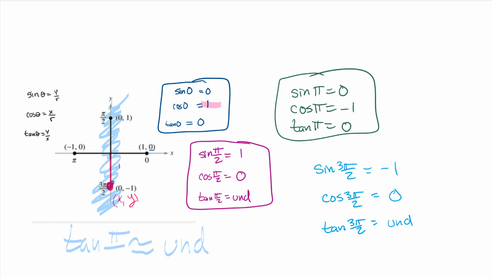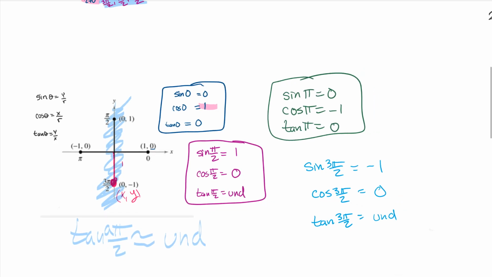So I'm just going to write it in a little bit weird. I write a pi over 2 and I'm going to write an a in front of it. So anytime you have an odd multiple of pi over 2, tangent will be undefined. I wonder if I said that. Yeah, okay. Odd multiples of pi over 2, tangent is going to be undefined.